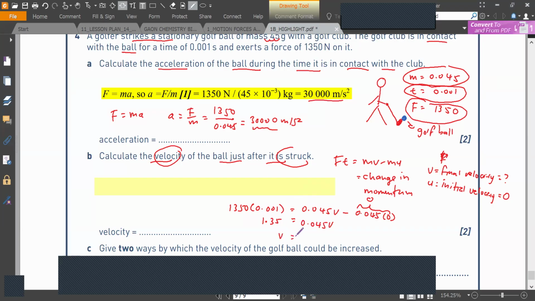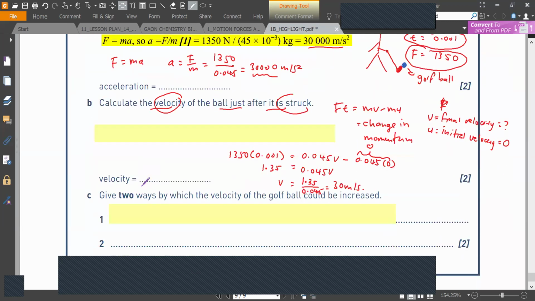So v is equal to 1.35 divided by 0.045. That will give us 30 meter per second just after the ball was struck. That was the initial speed.